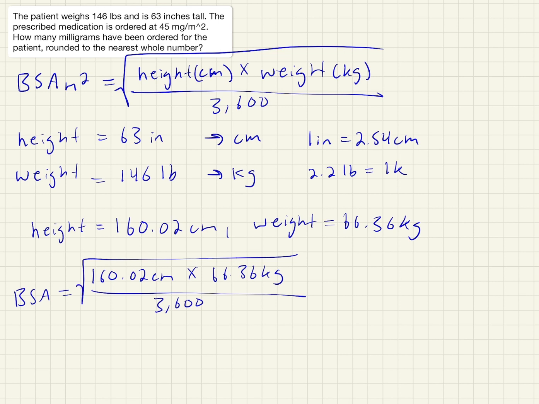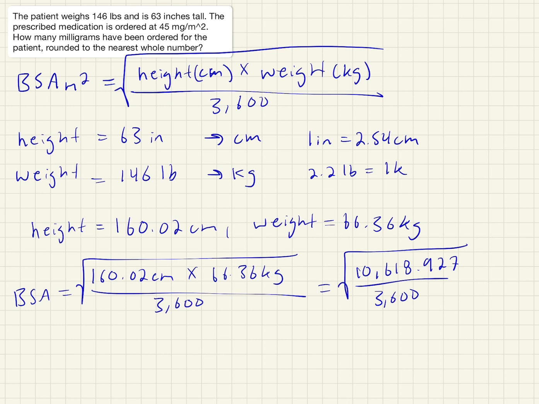So let's do it one step at a time. 160.02 times 66.36, we get 10,618.927. That's over 3,600, and we'll still have to square root all of that.